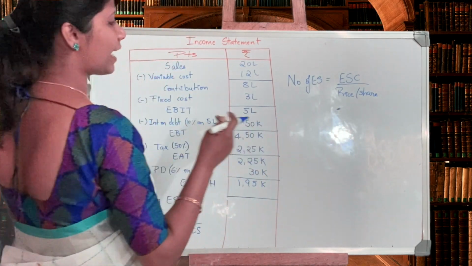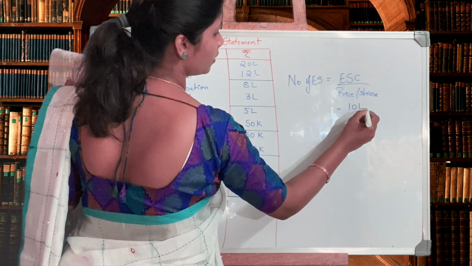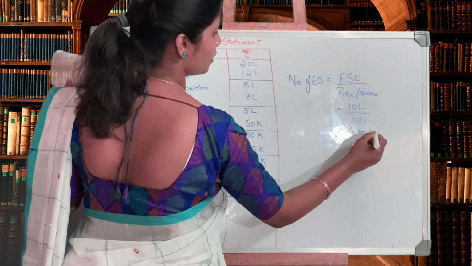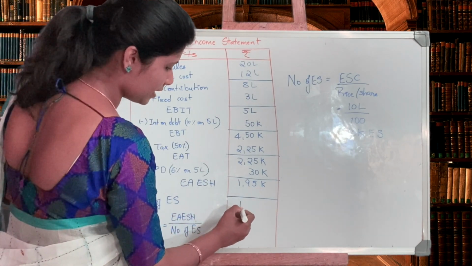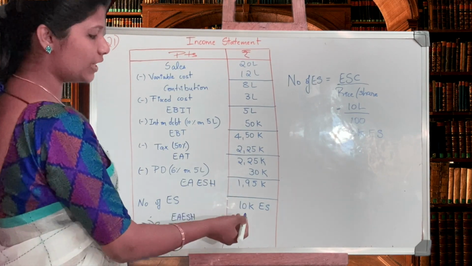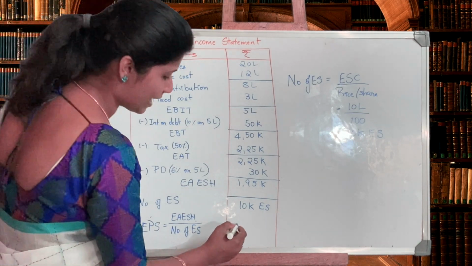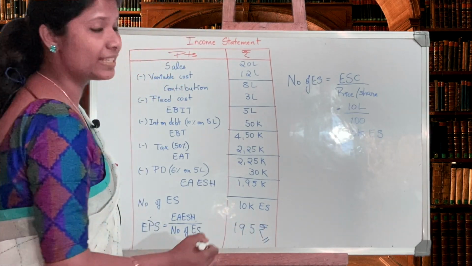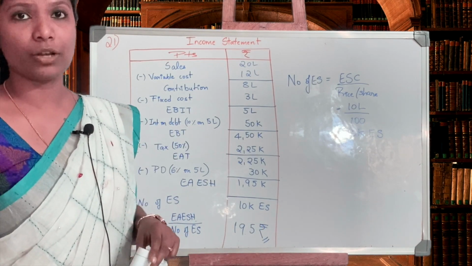That is, equity share capital of 10 lakh rupees divided by 100 comes up to 10,000 equity shares. So once we divide earnings available by the number of equity shares, EPS stands at 19.5 rupees. So that's the amount of dividend each equity shareholder will be earning.